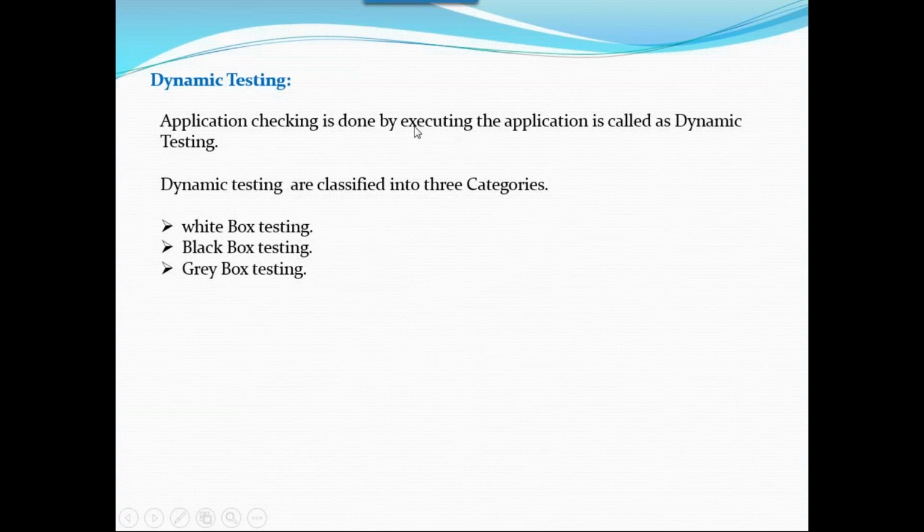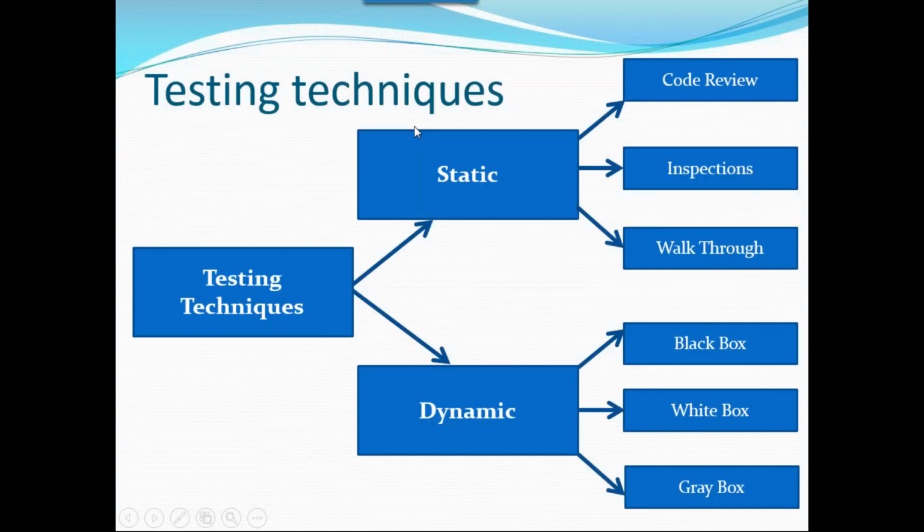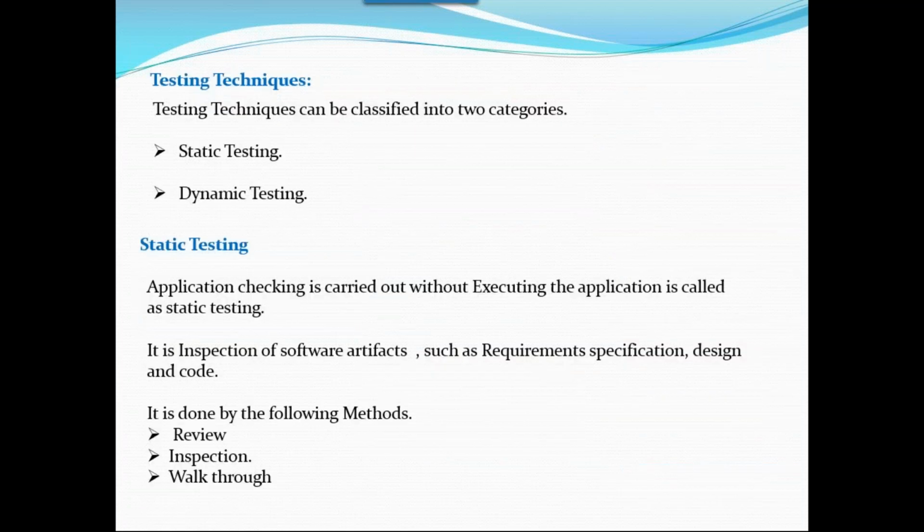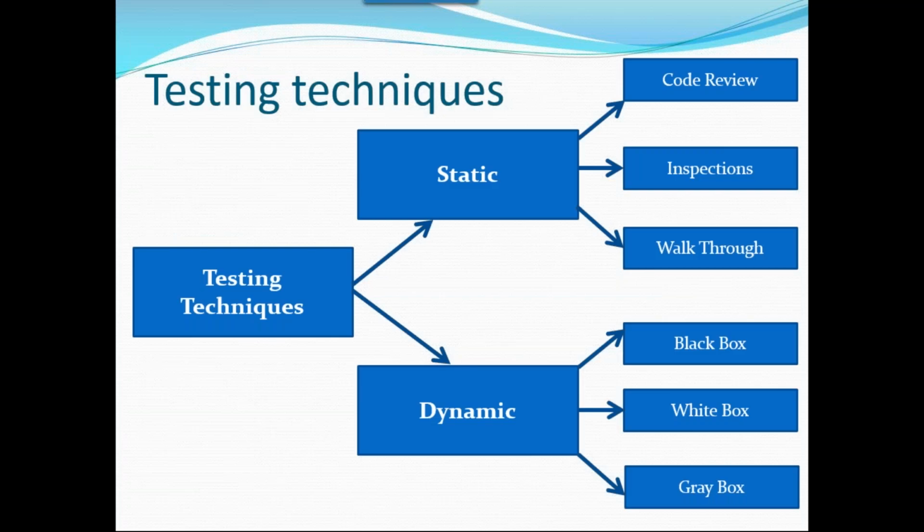So dynamic testing simply means with execution. Testing is of two types: one is static, another is dynamic. In static testing, we are not executing anything. Dynamic testing means with execution. Can you give any examples of static testing? Yes, code review, inspections, walkthrough all come under static testing. This is the verification part.